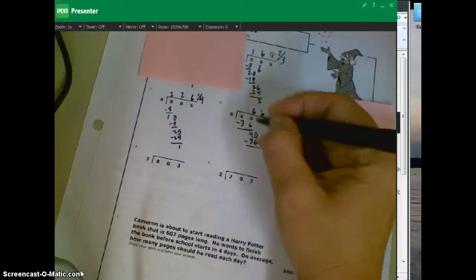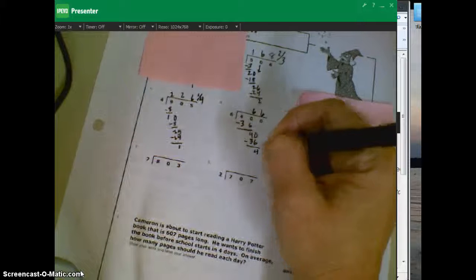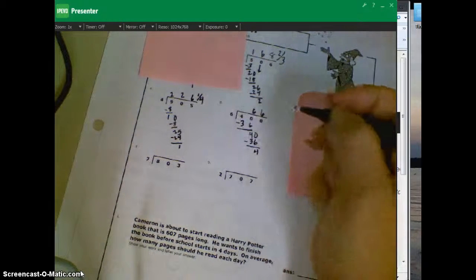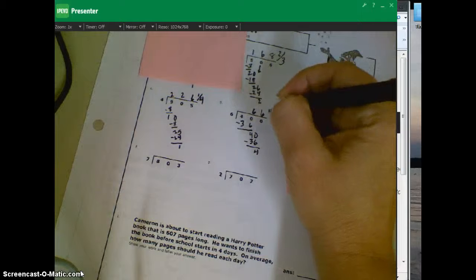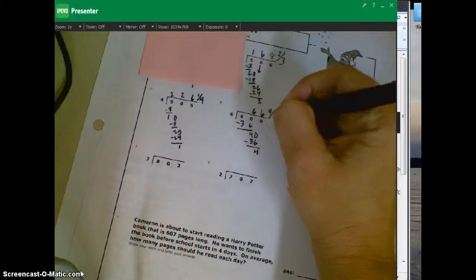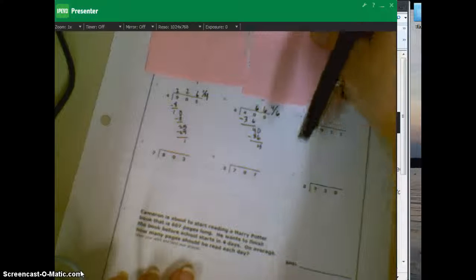And do you notice a pattern? This was a 40, this is a 40. We're going to get a remainder of 4, and we've got actually a repeating number, but we're going to leave it like this, 66, and then we'll take our remainder 4 and put it over a divisor of 6. 66 and 4/6.